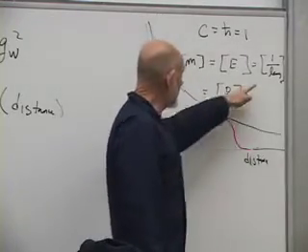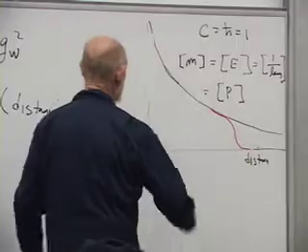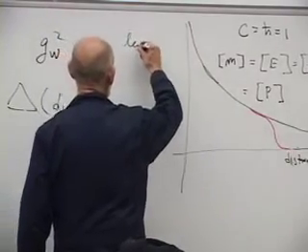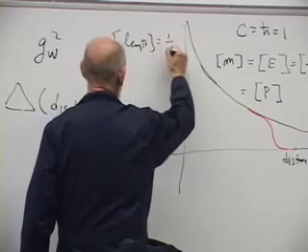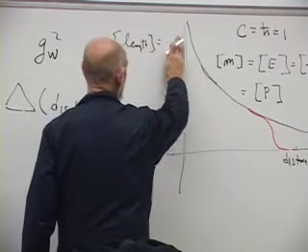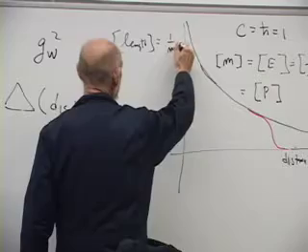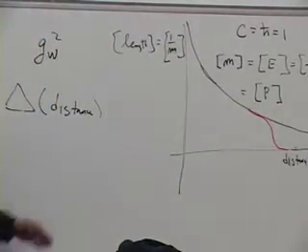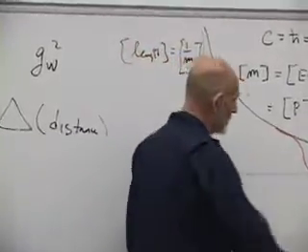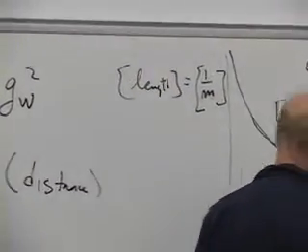And therefore, we can write it differently. We can write that length has units of inverse mass. Yeah, 1 over mass. Well, that tells us the horizontal axis here was distance, d.